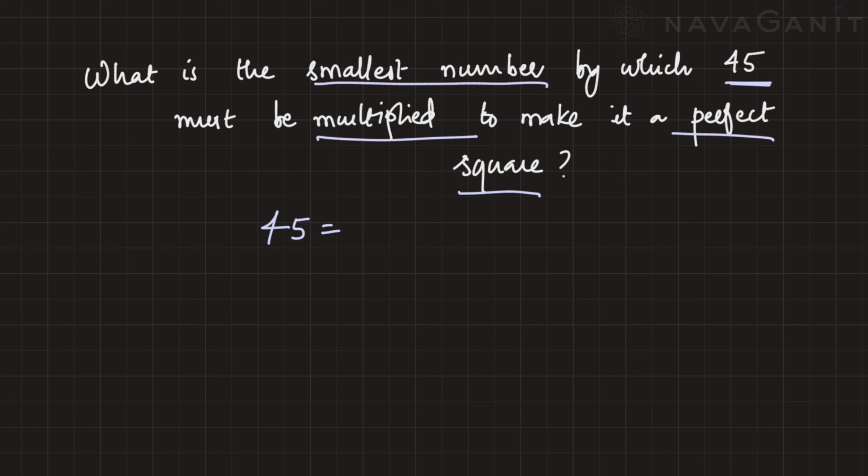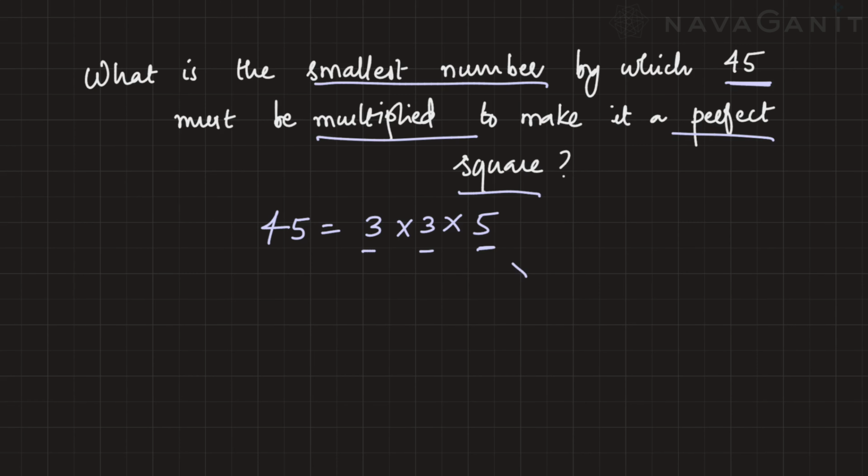So 45 can be written as 3 multiplied by 3 multiplied by 5. Now if it were a perfect square, every prime factor would appear in pairs, that is there will be 2 of each of those prime factors. For example, 3 is there twice, but 5 is present only once.